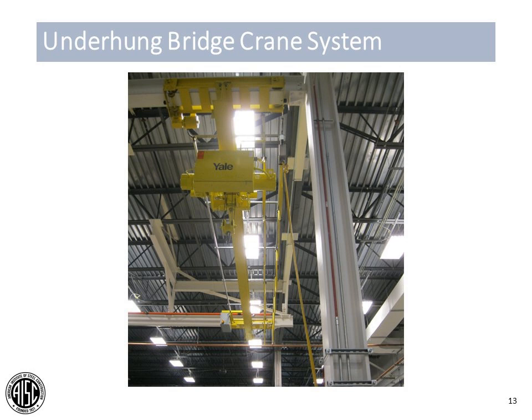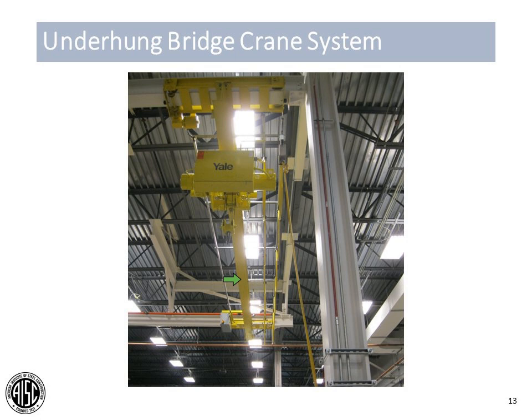Here's a picture of a typical underhung bridge crane system. Everything yellow in this picture is provided by Yale, a very common hoist manufacturer. Here you have your hoist and trolley assembly. Your pendant control would be this cable coming down to grade. And then you can see in the foreground here the end truck assembly on one of our runway girders.